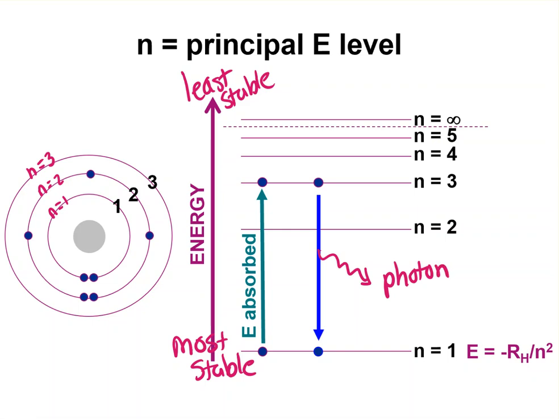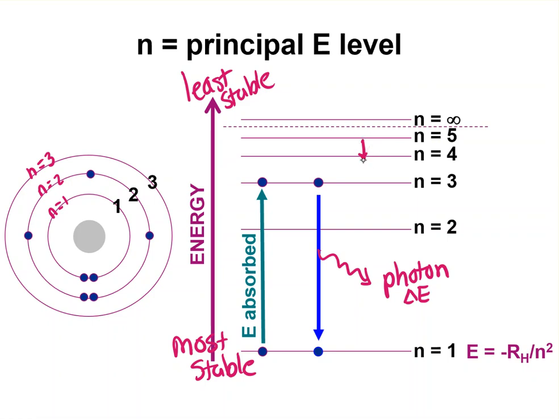One packet of energy, a photon. And that photon will have all of the energy that was lost. It doesn't go into multiple ones, just one packet of light. So how much energy is in that packet depends on where it falls from. It may just fall one step, and that packet of energy would have less energy.